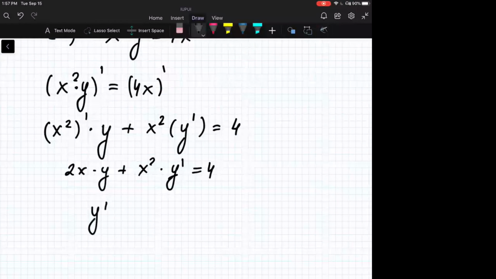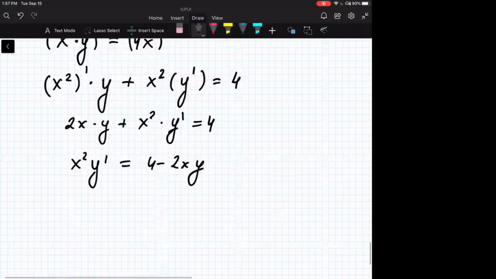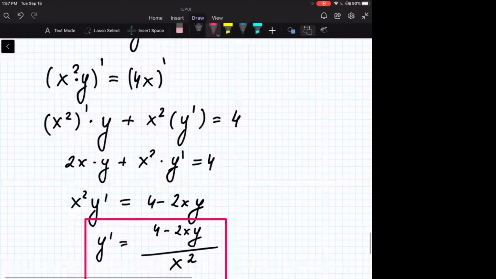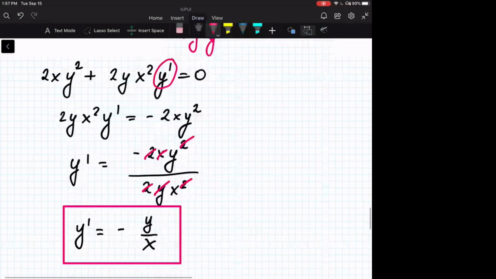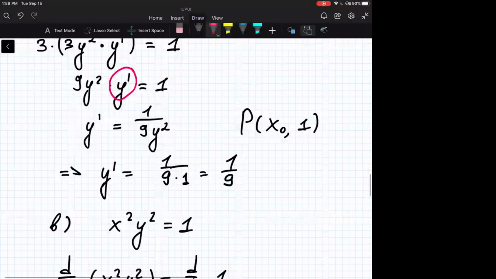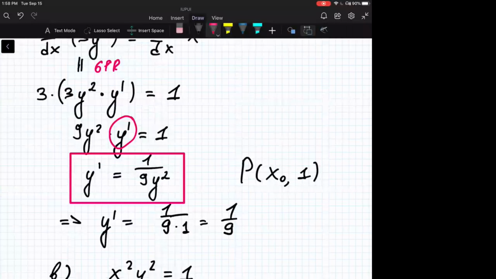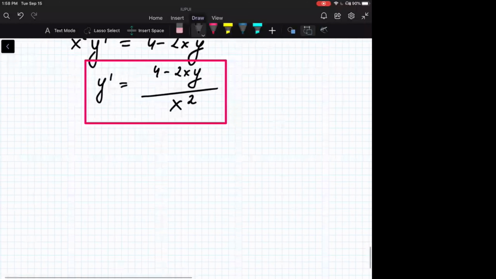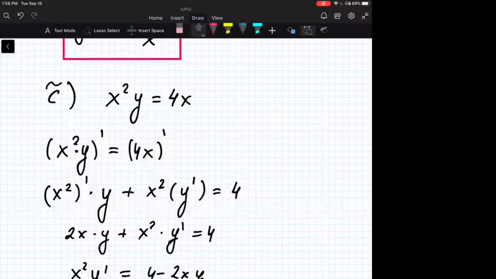So x squared y prime will be 4 minus 2xy, and y prime thus will be 4 minus 2xy divided by x squared. Okay, this is the final answer. This is the final answer for the 3 cases. Okay, it is modified, say, C tilde.